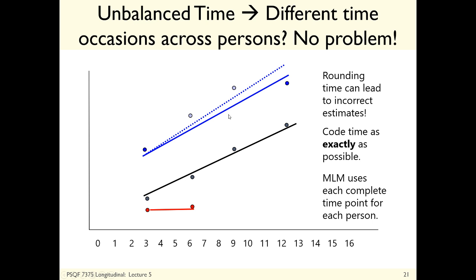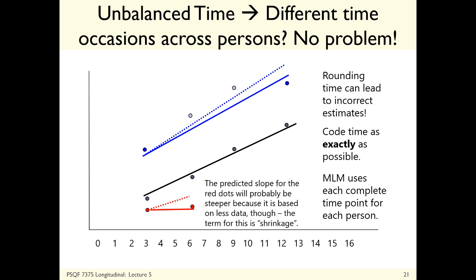If I were to ask the model to predict its best guess for the random slope for each person, that person's slope is going to get pushed to look more like the average. This happens whenever you have individuals who have less data or their slopes look way different than everyone else's. The term for that is shrinkage.